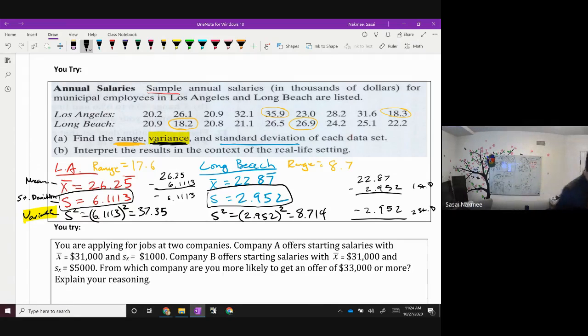Give me a second. I'm going to blow my nose because this is driving me a little insane. I think it's a good thing that we're not in class, because if I had a runny nose like this in class, it'd be disgusting. We're all trying to not spread germs to each other.